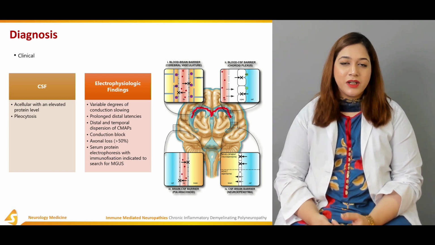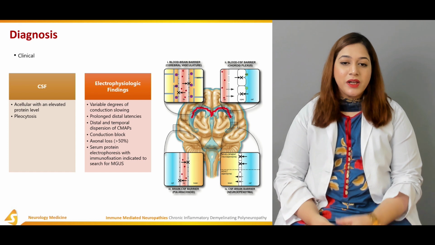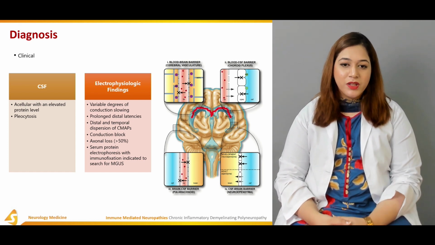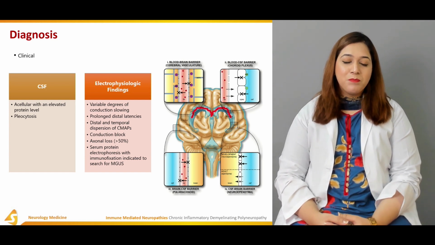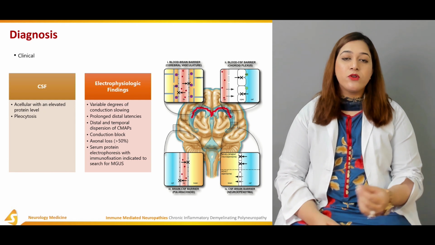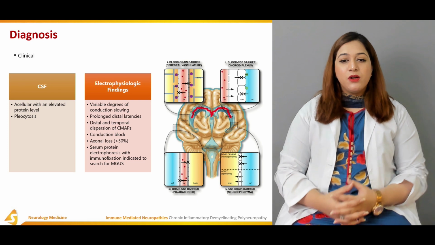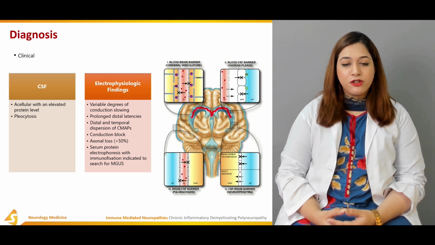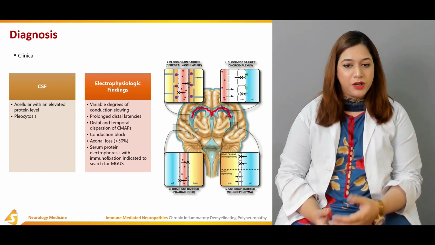Due to this discrepancy in the signal transmission, there will be a phenomenon called temporal dispersion, in which the signals are being transmitted to their intended targets, but the time to do so will be more spread out. Whenever there is conduction block on nerve conduction studies, it shows that there is an acquired demyelinating process that is going on.